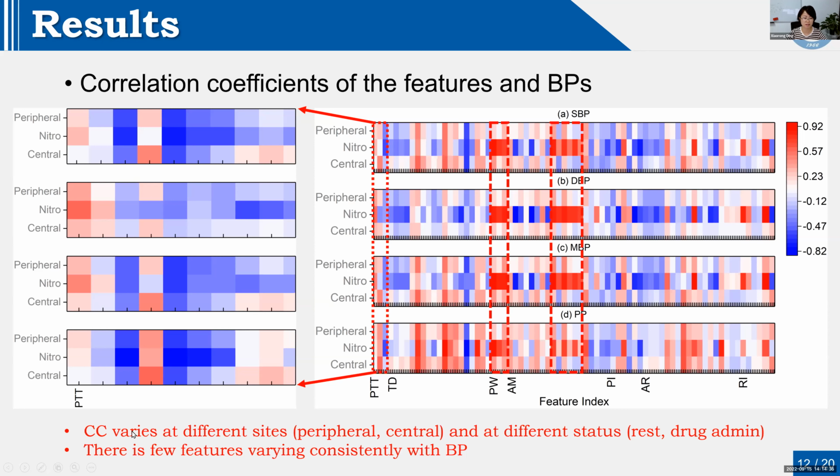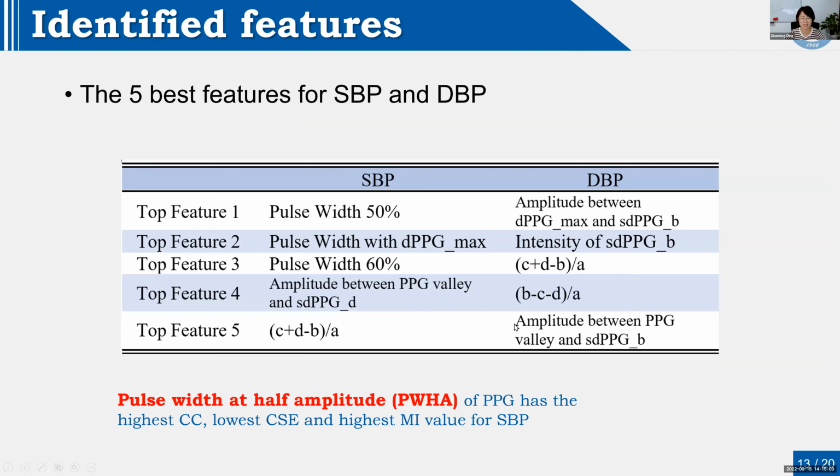We can see that the coefficients between these features and the blood pressures actually varied at different sites, peripheral versus central, and also at different states, rest versus drug administration. And there are quite few features that vary consistently with blood pressure. This is a bit challenging, which I will mention a bit later.